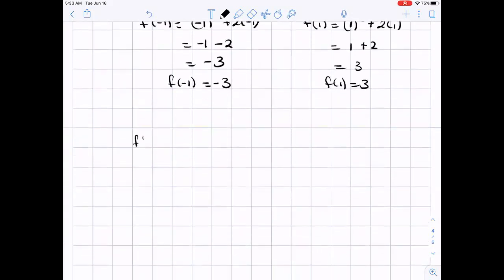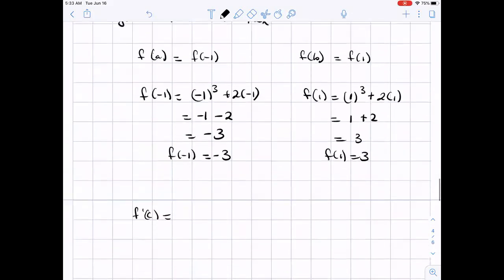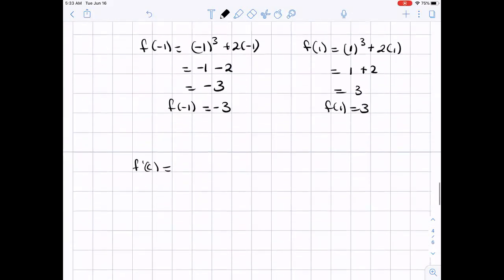Therefore, f prime of c will be f of b minus f of a, divided by b minus a.